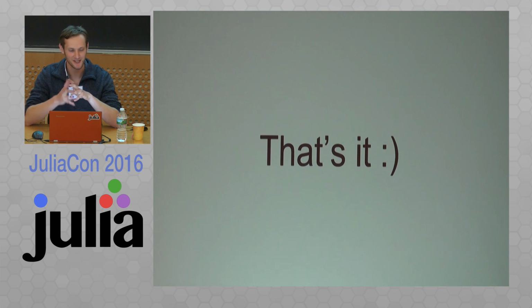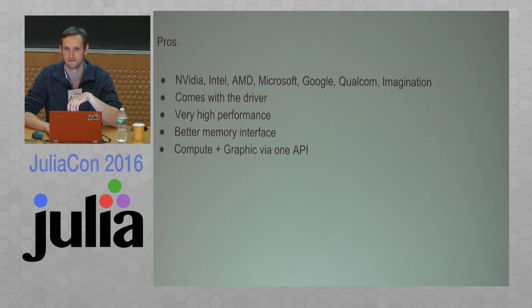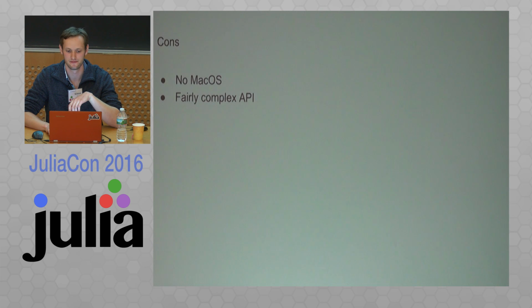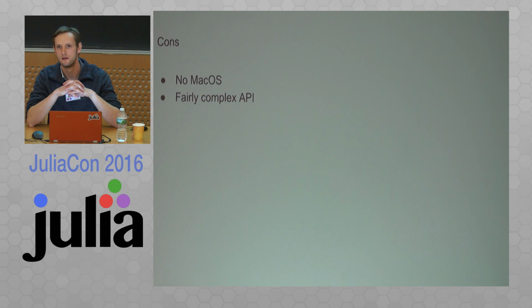Yes, that's it. Any questions? Yes? Not having looked at the Vulkan API at all, in the early prototypes of trying to compile Julia code to LLVM IR to CUDA, you essentially had to write what looks a lot like OpenGL code in Julia, right?